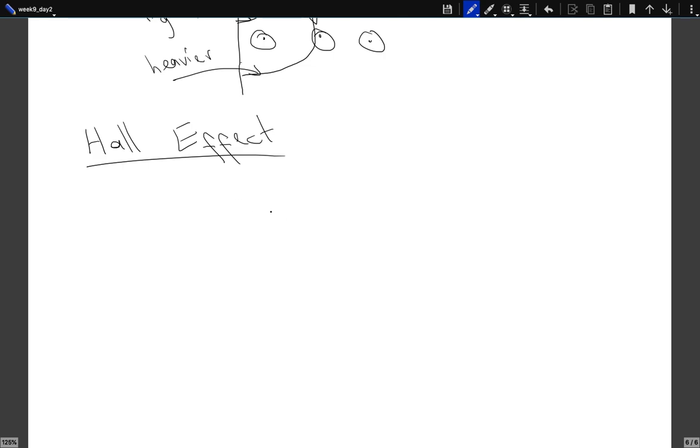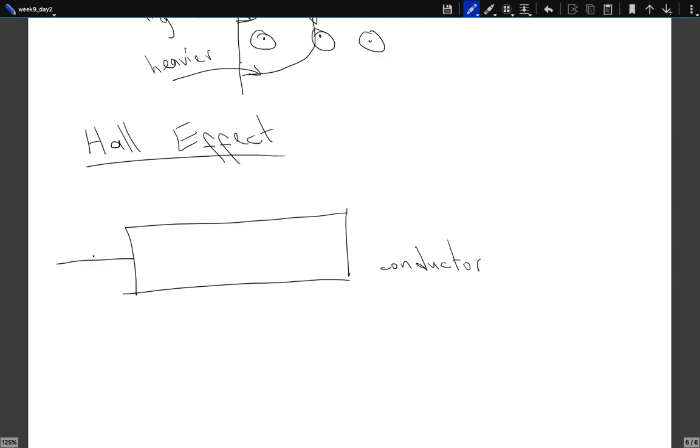Now, the idea of the whole effect is, let's just assume we have a conductor. This is our conductor. And we send the current through the conductor. And there is a magnetic field. Let's just assume the magnetic field is pointing into the screen.